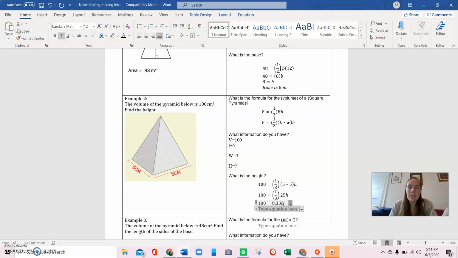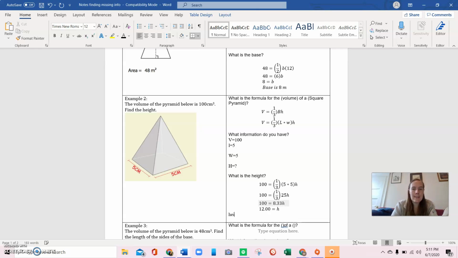So I do 100 divided by 8.3, and I get 12.004, whatever. I'm just going to, again, round to 2 decimal places, equals h. So that means in this case, my height is 12 what's?